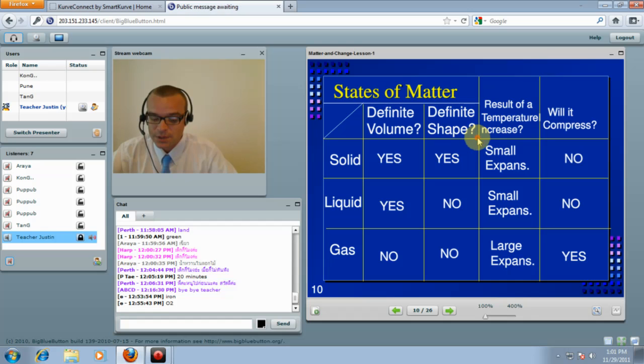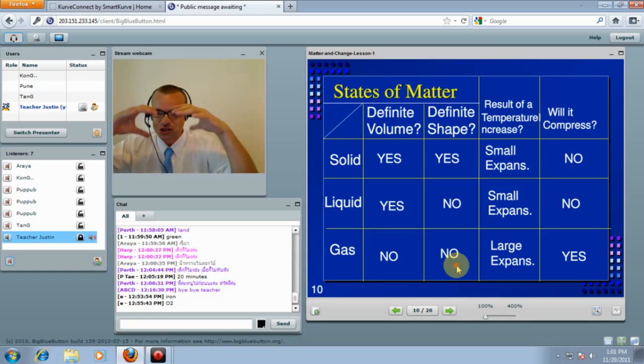Definite shape. Does the shape stay the same? No. Again, the gas will expand to the size of whatever is containing it. If you have a heart-shaped balloon, the gas will take the shape of a heart shape. If you have a round balloon, the gas will take the shape of the round balloon.